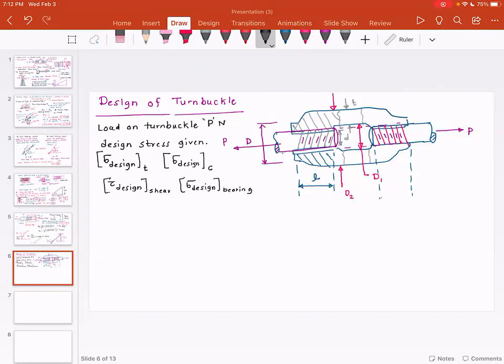If these stresses are not given, then the material would be known. So for an example, the material for the rod, say the material is mild steel, and the material for the nut is alloy steel.